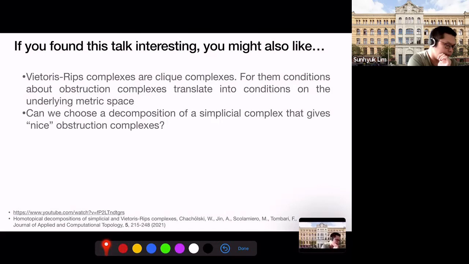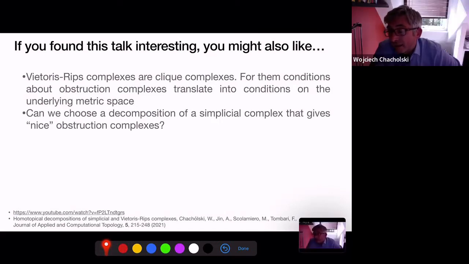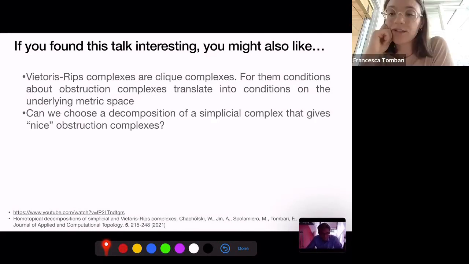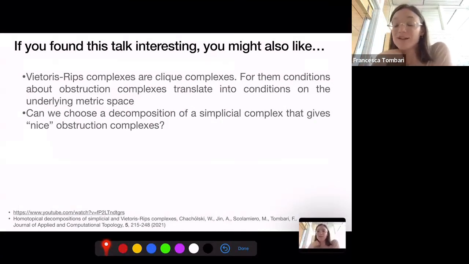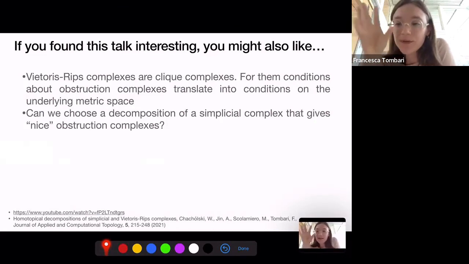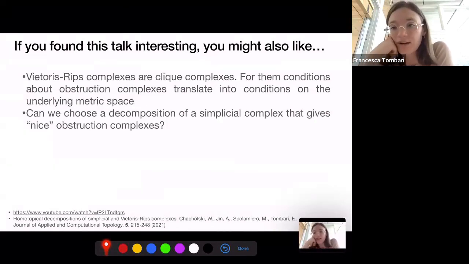That's one of the aspects of this paper: we actually find conditions where we do require the triangle inequality, which are not true for arbitrary clique complexes or arbitrary distances. So it's not only about taking a decomposition, but also about changing the hypothesis a little at the beginning, which changes the conditions and the outcome a lot.